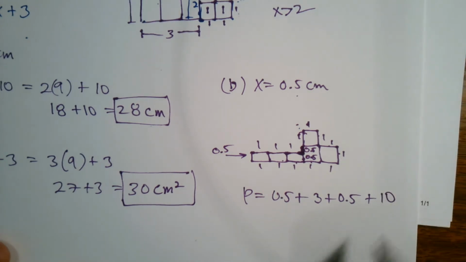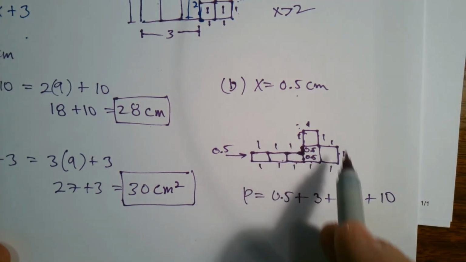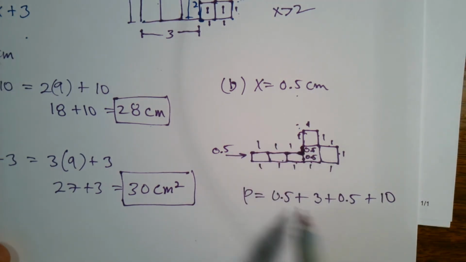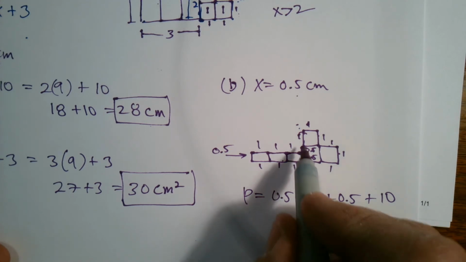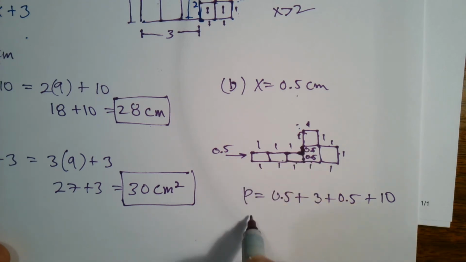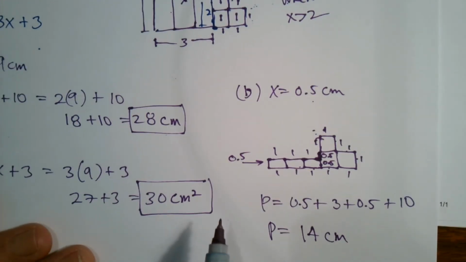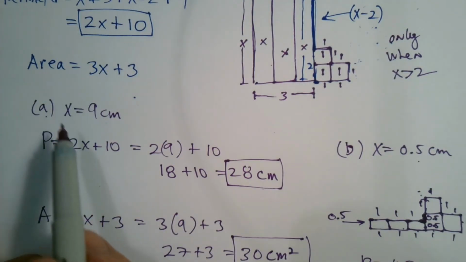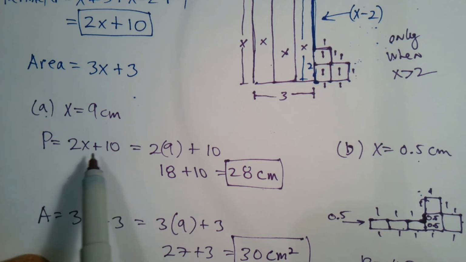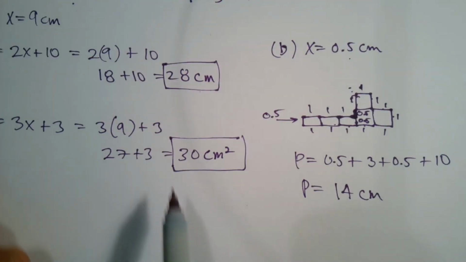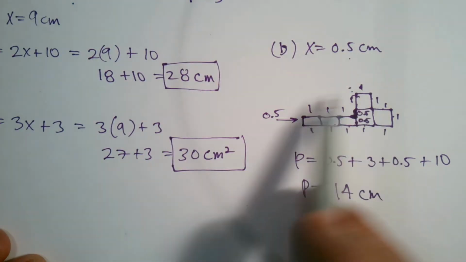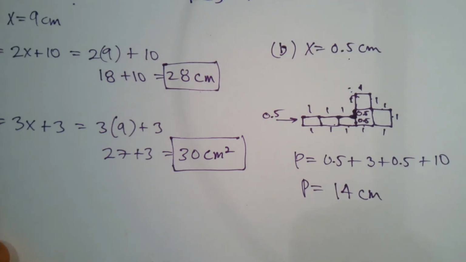I can just finish it off there. So I can count all the way around. I've got 13 ones and 2 0.5s, right? That little piece, 0.5. So my perimeter for this one is going to be 14 centimeters. Okay. So if I go back to this, my expression wouldn't have worked. I wouldn't have got 14, and it doesn't make sense because I have a smaller x than 2.